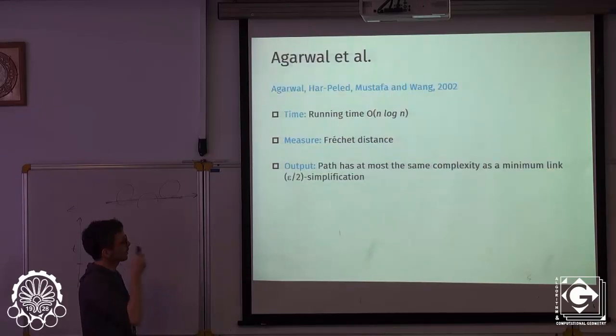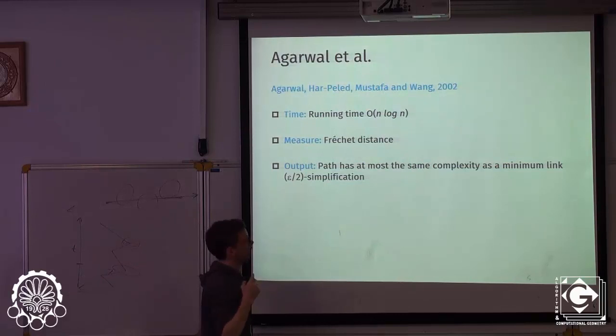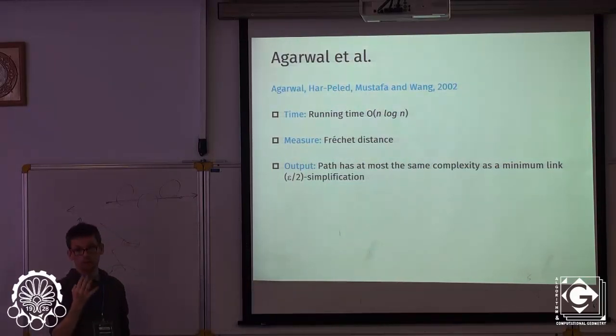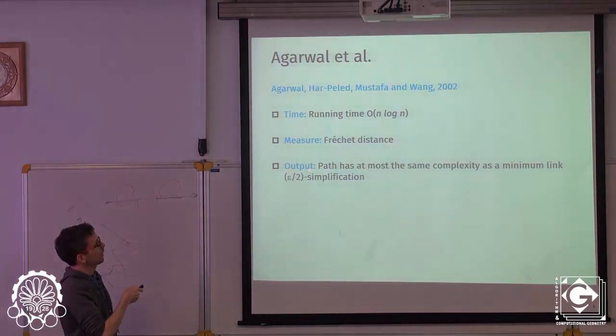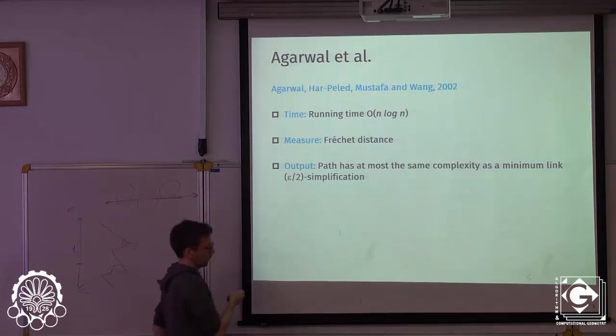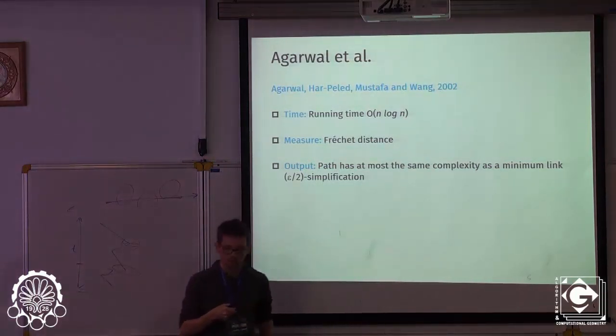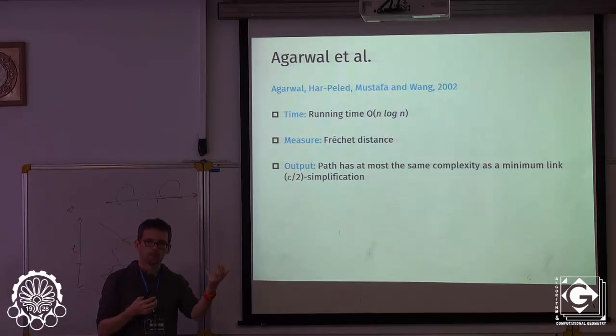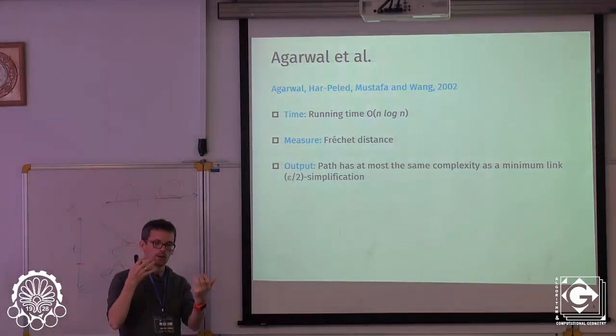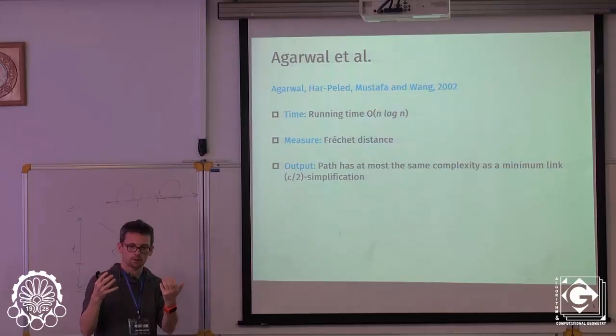And at least in terms of approximation, there is a very nice algorithm, and also actually a very simple algorithm, which runs in n log n time, and it approximates. So the approximation is, you see, this is now a bi-criteria problem. You have the complexity of the simplification as a criterion, and epsilon as a criterion.